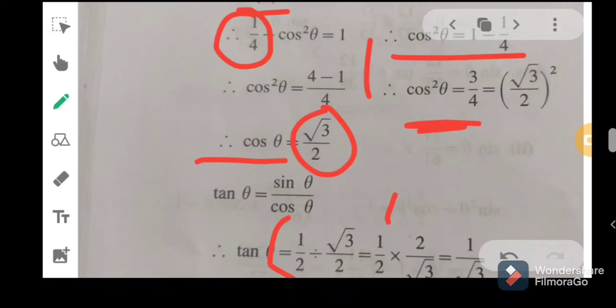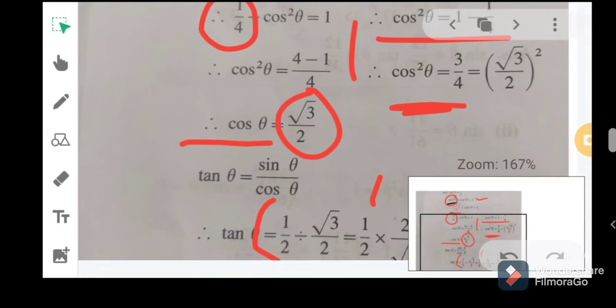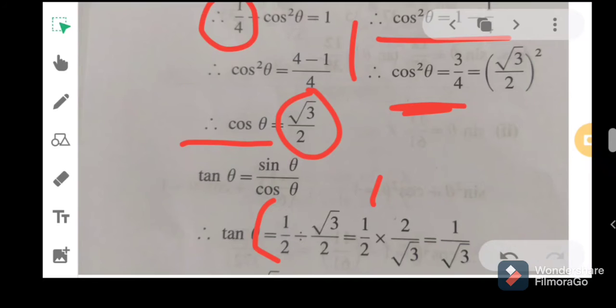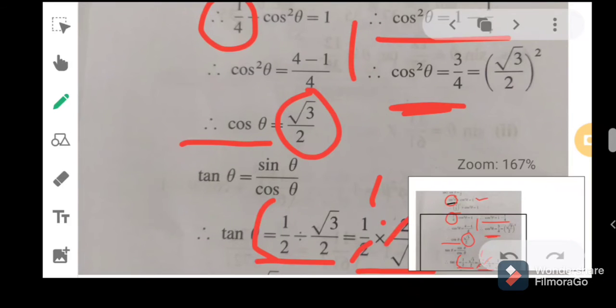So what happened? This divided by root 3 by 2 becomes multiply and taken as inverse. So 1 by 2 into 2 by root 3, 2 divided by 2 is 1, so 1 upon root 3.